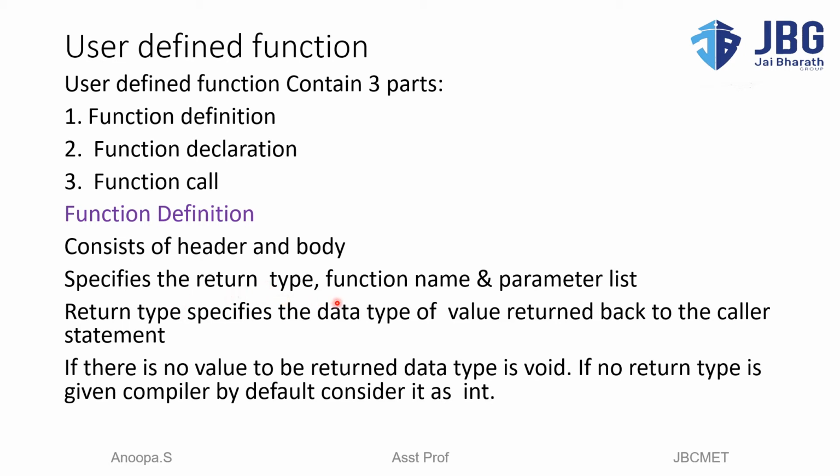So return type specifies the data type of the value returned back to the caller statement. And if there is no value to be returned, we will mention the data type to be void. If we do not represent it as void, the compiler will take it by default as integer data type. That is specified in this sentence.